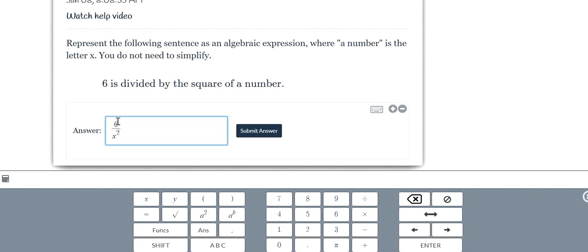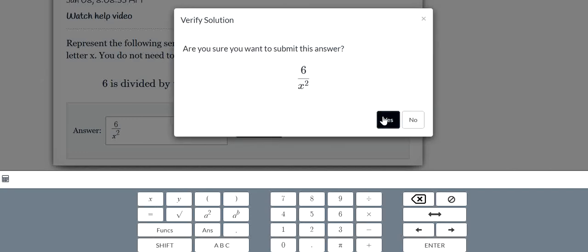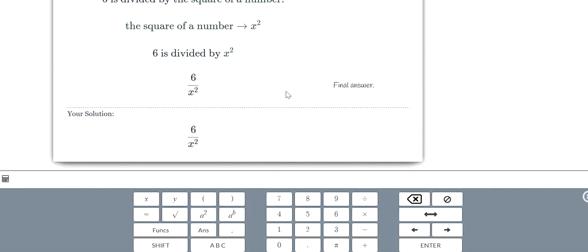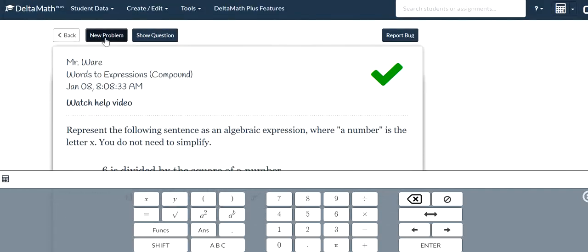So this is 6 divided by the square of a number. Okay, let's take a look at another one.